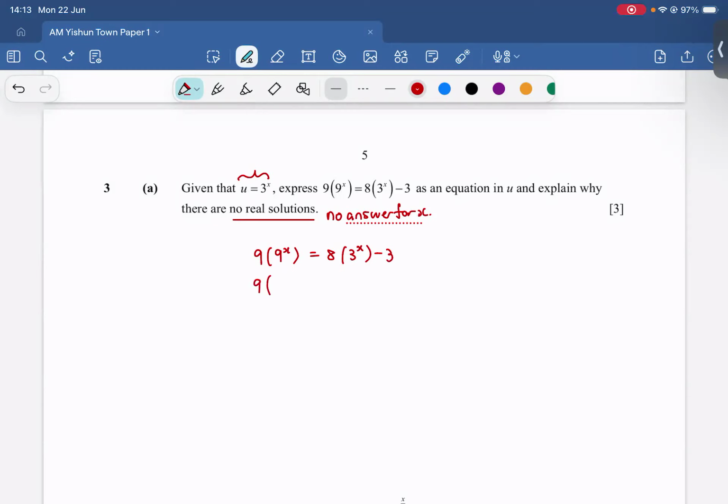So 9 is actually 3 power 2x. And this is just 3 power x squared. Then now we do the substitution, this becomes 9u squared.